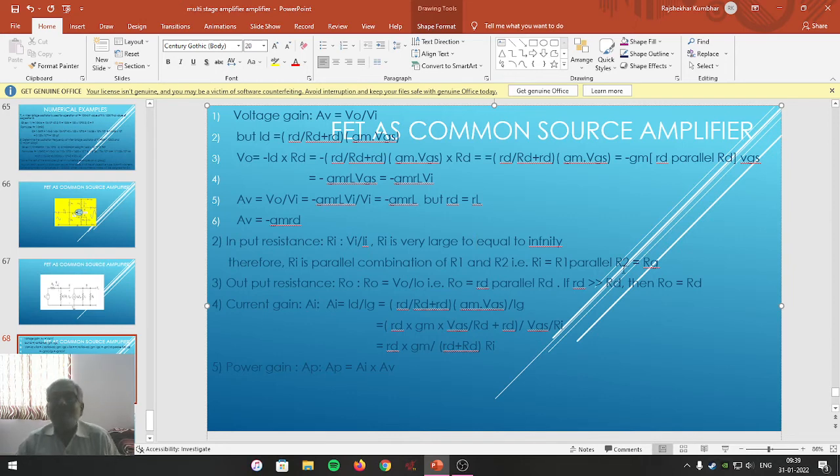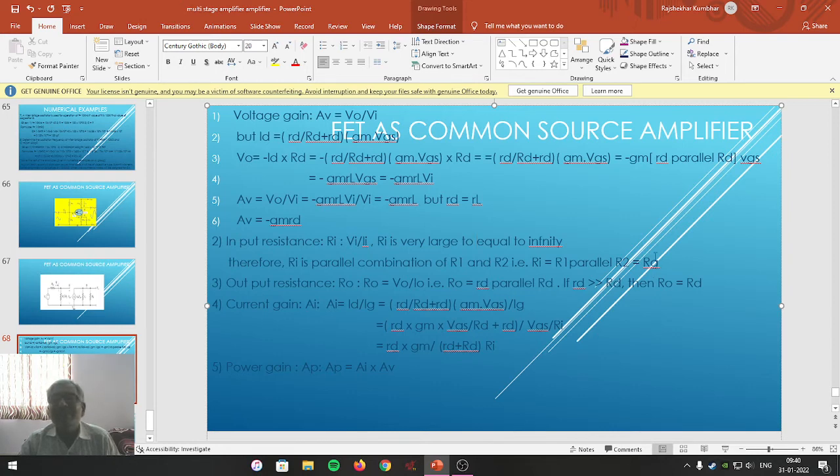When we consider input resistance as R1 parallel to R2, actually it is the voltage divider biasing network, and that is given as R1 R2 upon R1 plus R2. This is the same as the gate resistance which we are going to connect.